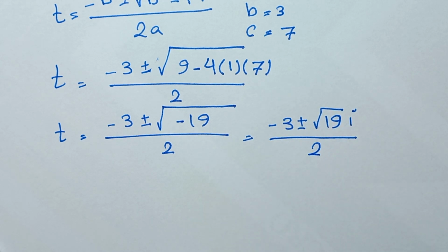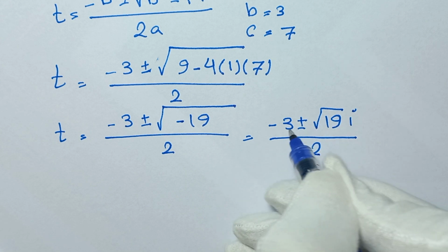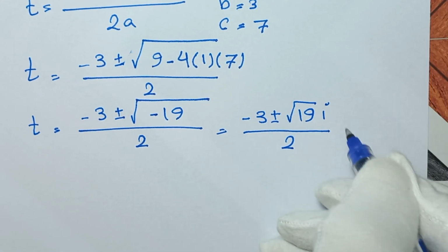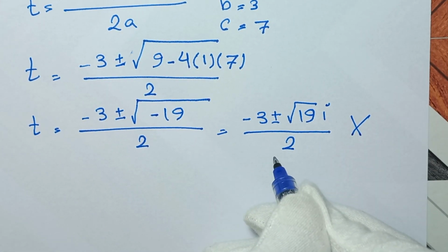So we want the real numbers, and in here this is imaginary, so we reject this answer and we continue.